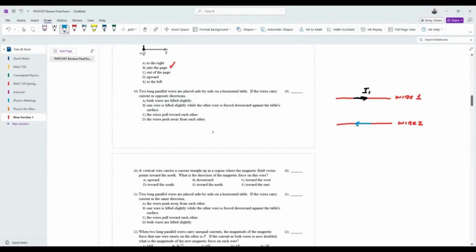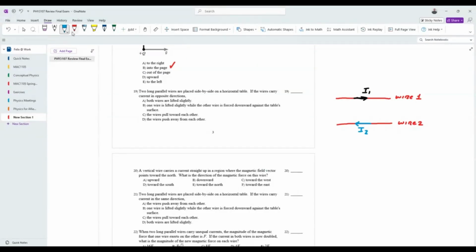So this is the current I2. Now, to find the direction of the magnetic field, which is going to be circular around the wire, you should put your thumb in the direction of the current, and then when you fold the 4 fingers, it gives you the direction of the magnetic field.